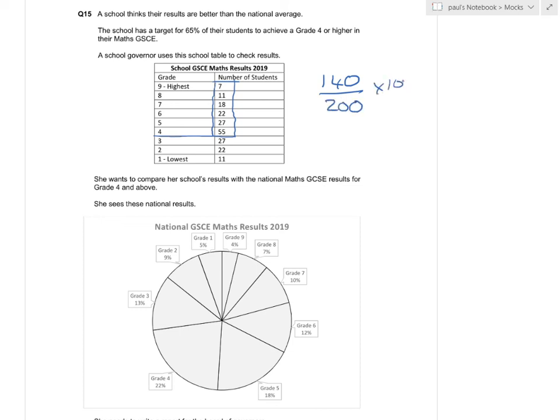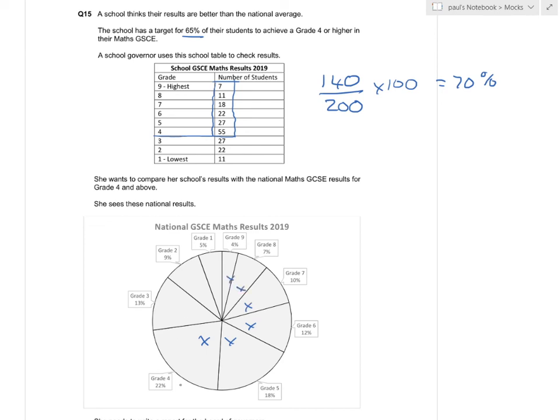Times that by 100 to get a percent. So 140 divided by 200 times 100 is equal to 70%. Yes, so they did it. They got their target, yeah? Now, she wants to compare the national average. So grade 4, this one, this one, this one, this one, this one, and this one.